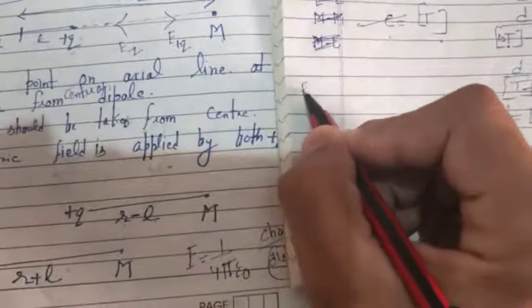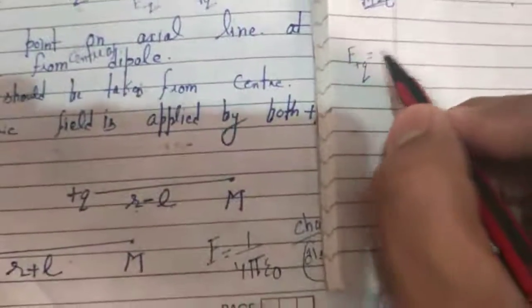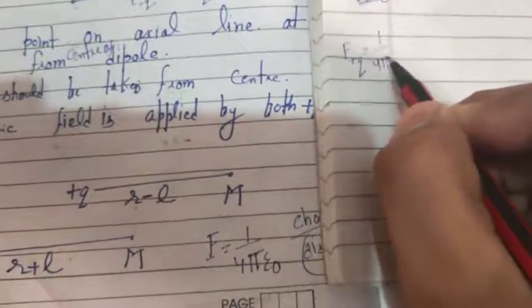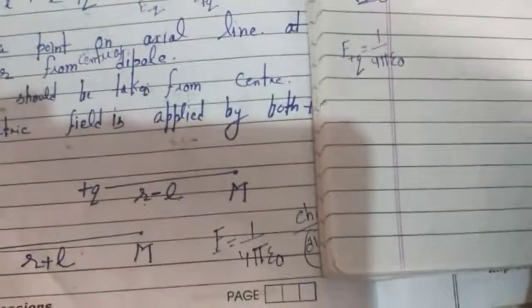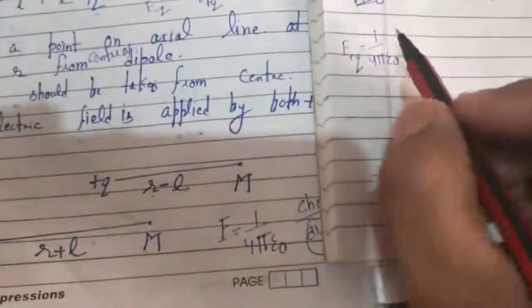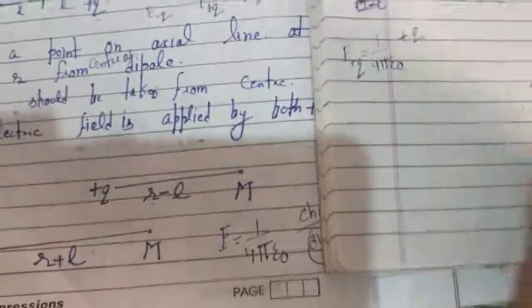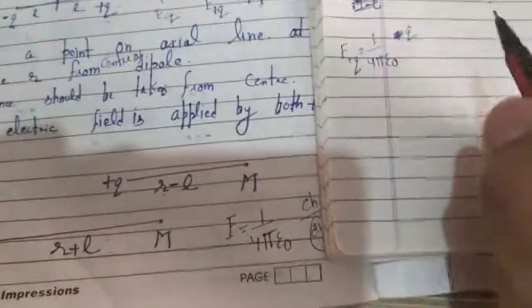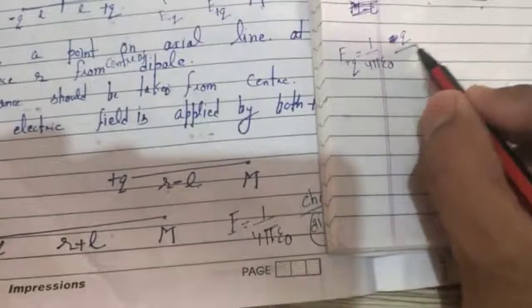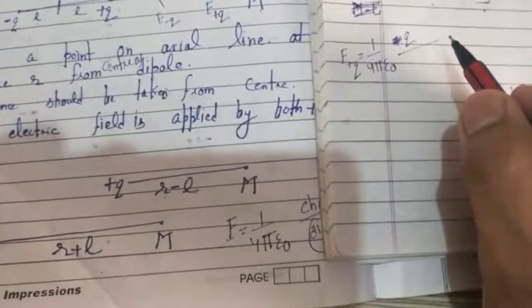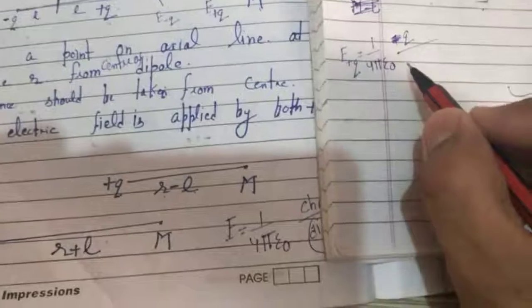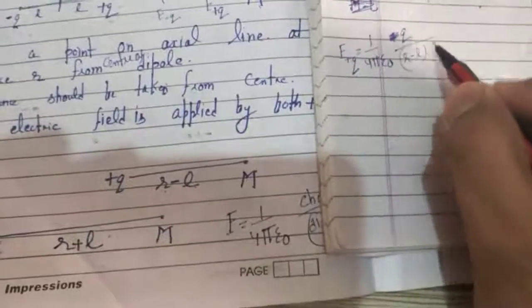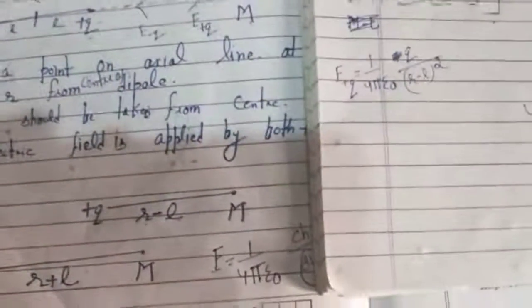So the electric field due to plus Q will be 1 upon 4 pi epsilon naught, Q in magnitude, upon distance square. The distance of M from plus Q is R minus L, so R minus L whole square.